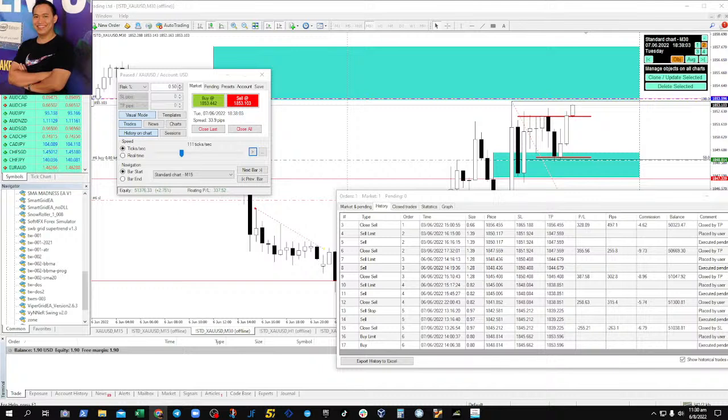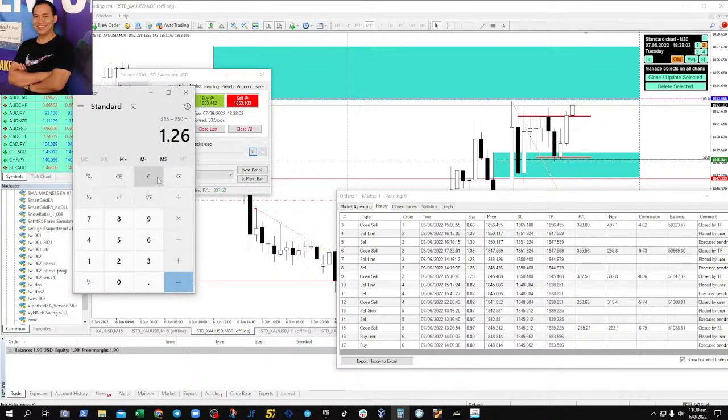So our stop loss is 30 pips. Sorry, I forgot about that. 30 pips, and then 237 divided by 250.